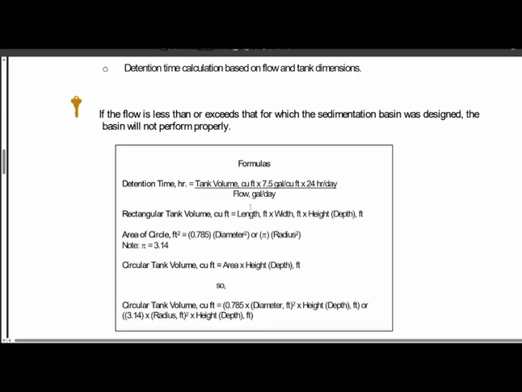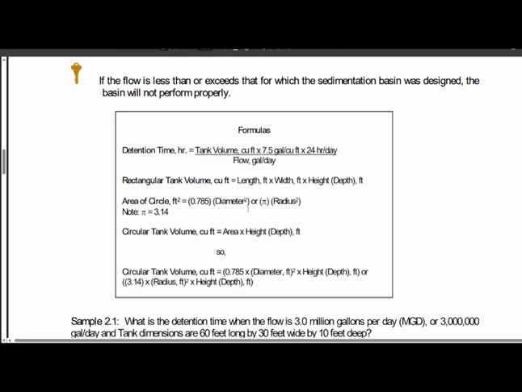Okay, so we're going to cover some math real quick. I wrote this up yesterday, so we're going to use that example because I already have it done, but I'll walk you through step by step.